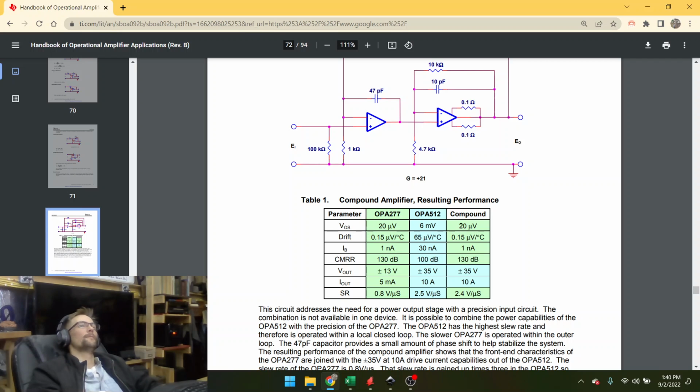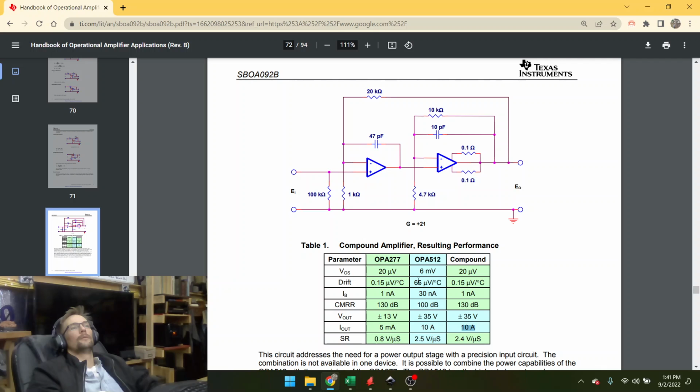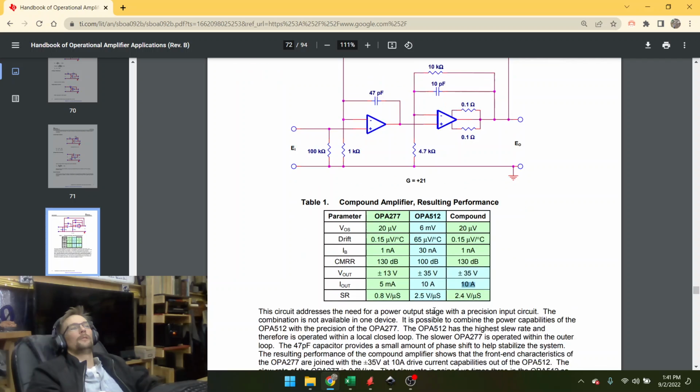So it benefits from that. Then the output is that, but the output of the overall is that. Current output 10. Wow. Okay.